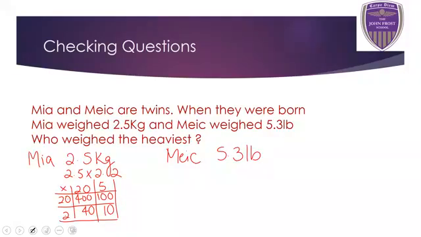So when you add up the 4 numbers, you'll end up with 550. But remember, I multiplied by 10 to get 25 and by 10 to get 22, so I've got to divide by 100. So that's 5.5 pounds. Just by doing that, you can see that Maya's weight is heavier than the 5.3 pounds. So the answer would be Maya.